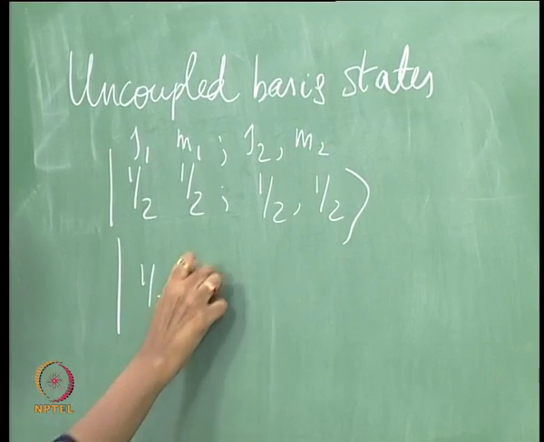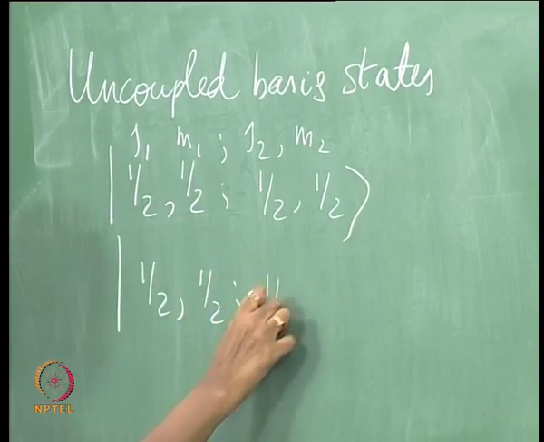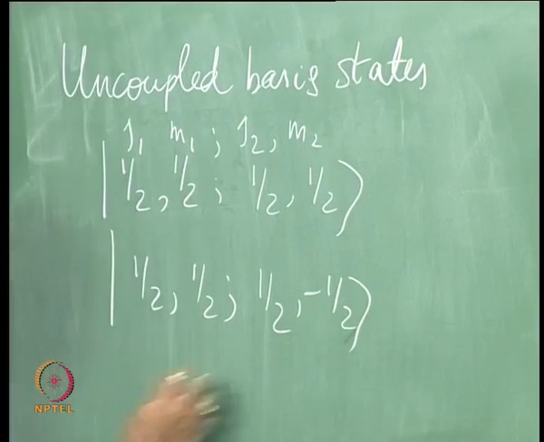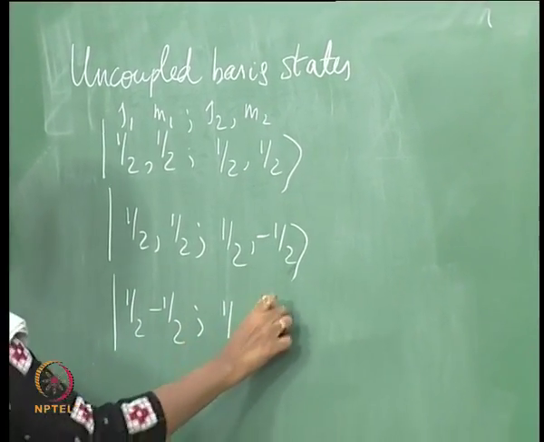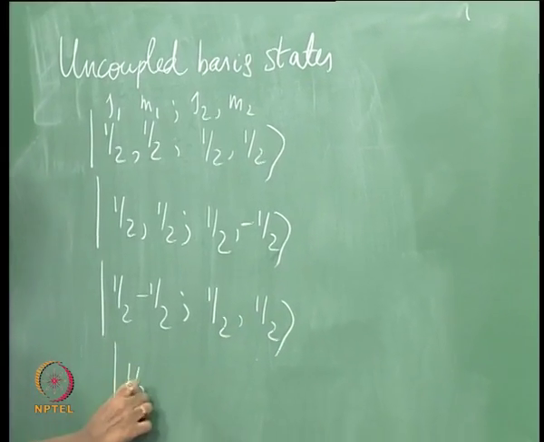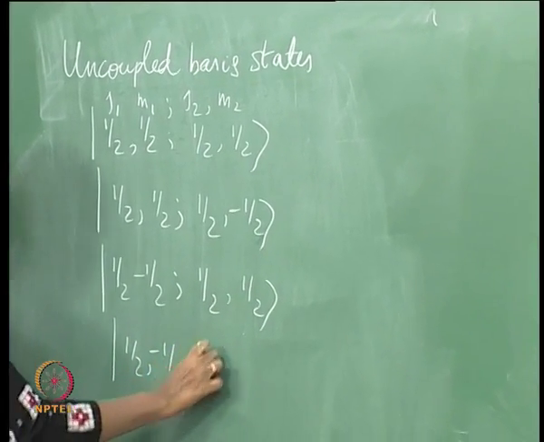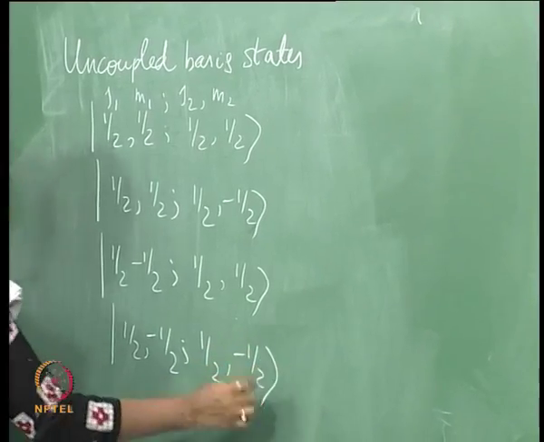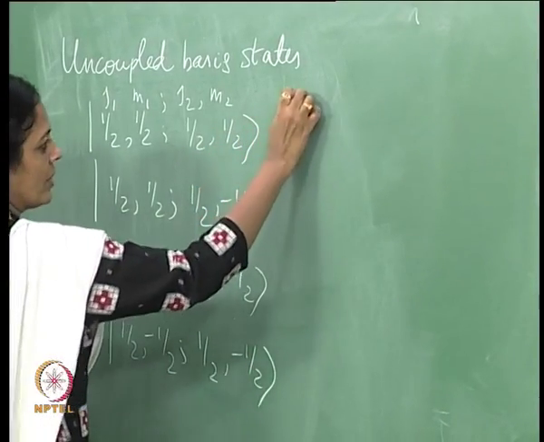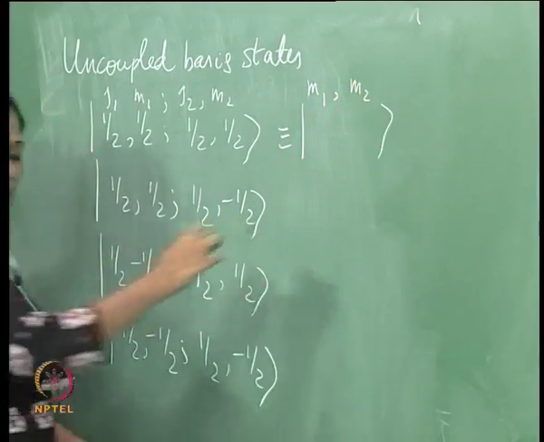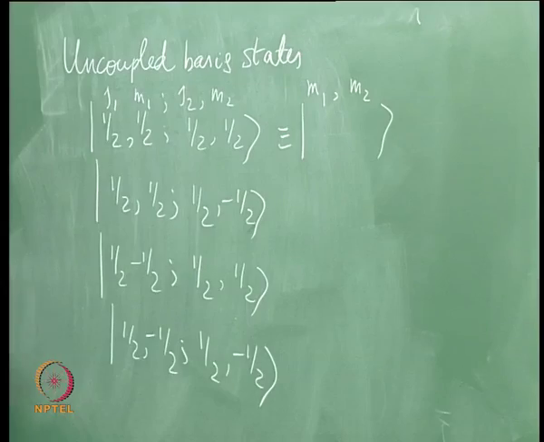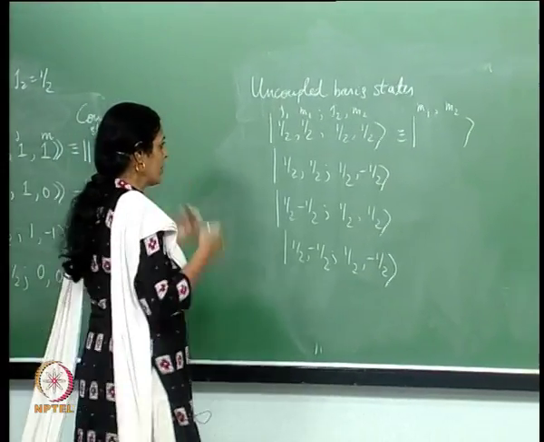Then of course, I can have half half with half minus half, and then half minus half with half half, and half minus half with half minus half. Again, I would like to shorten my notation and simply use M1 and M2, keeping J1 and J2 at the back of my mind.